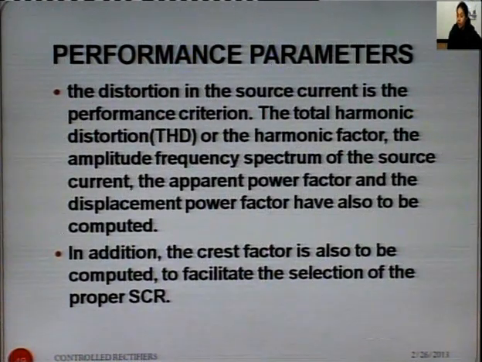Then the distortion factor, the total harmonic distortion factor THD, because in the case of rectifiers we have ripples in the output. So, THD is very important while selecting a controlled rectifier for a particular application, and is another performance criterion for deciding which one is to be selected.